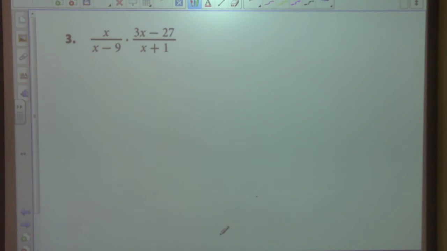So that's just x over, that's just the answer. X can't equal 9, or 0. 0 plus 1 is 1. 0 minus 1 is negative 1. So this is minus.